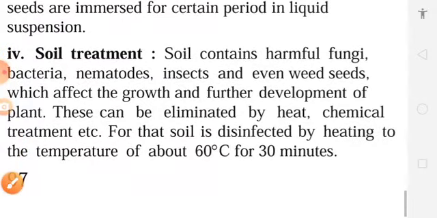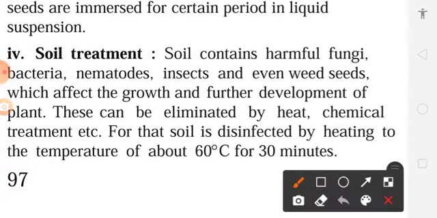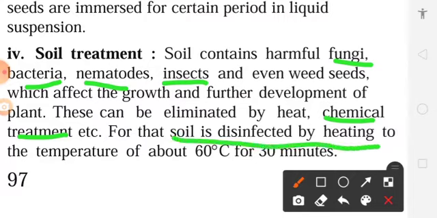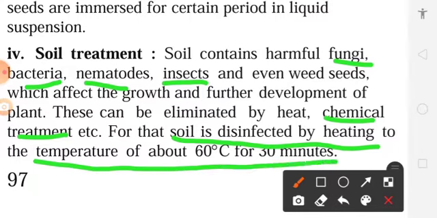Another kind of seed treatment is given to control fungi, bacteria, nematodes or insects. For that purpose, we have to give chemical treatment, which we have already studied. Soil disinfection is also done by heating the soil to a temperature of about 60 degrees for 30 minutes.